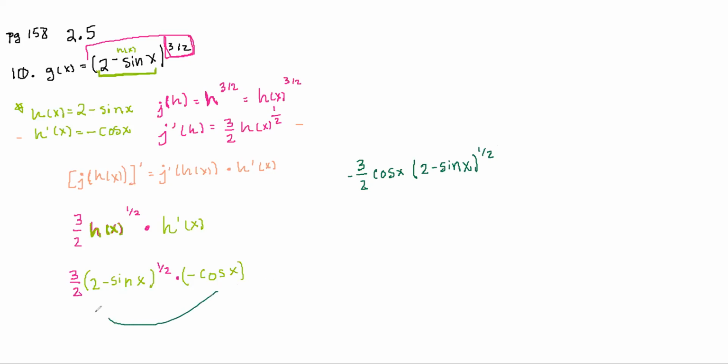I moved this out front, mostly because when I look at this, I like to see my exponents at the end. But this is a perfectly acceptable answer too. This is just how I would write it, and then I would call that good. There's really nowhere to go from here because that would be the derivative. This is G prime. Did everybody follow what just happened?